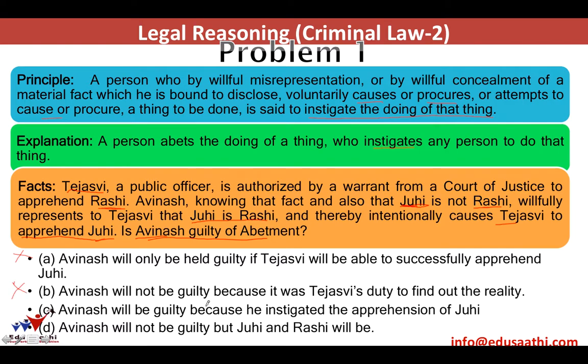C. Avinash will be guilty because he instigated the apprehension of Juhi. Yes, this can be an answer. Let's take the last option to find the right answer. D. Avinash will not be guilty, but Juhi and Rashi will be. Juhi in no circumstance would be held liable because she had nothing to do with the wrong apprehension. So D is also not an answer.